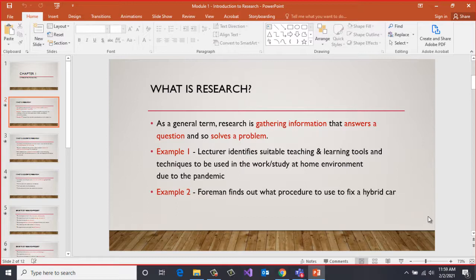Now similarly, you ask me about the example of cooking.